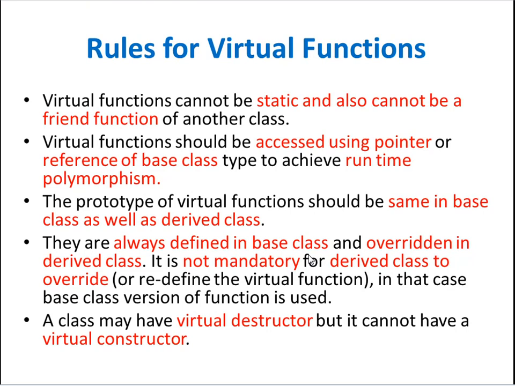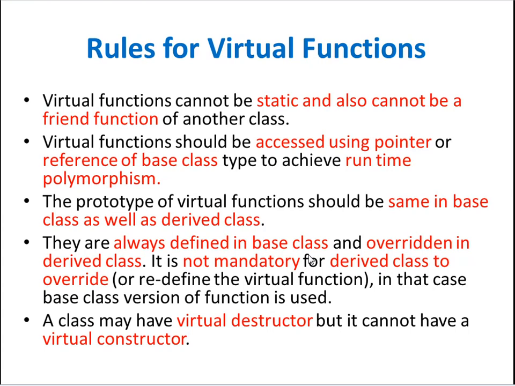The prototype of a virtual function should be the same in the base class as well as in the derived class. This is not the case of function overloading; this is the case of virtual function, meaning the base class function name and parameters are the same as the derived class.